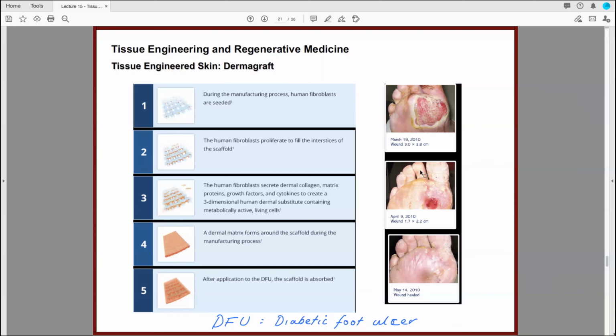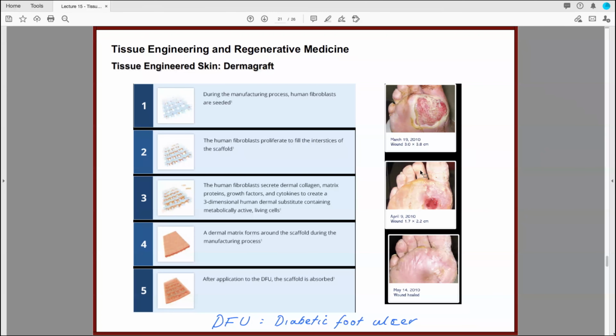The human fibroblasts proliferate and fill the interstices of the scaffold. The human fibroblasts then secrete dermal collagen, matrix proteins, growth factors, and cytokines, everything in there to promote the regrowth of the tissue.